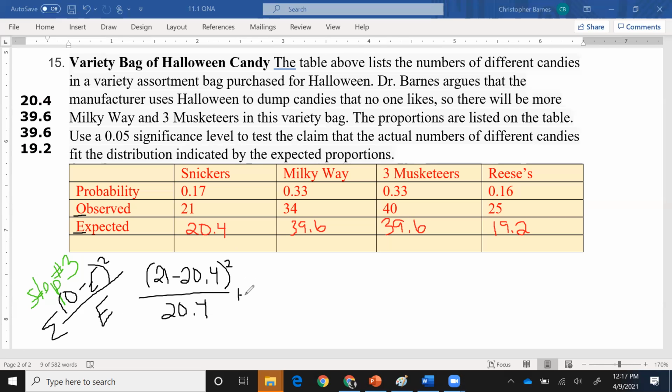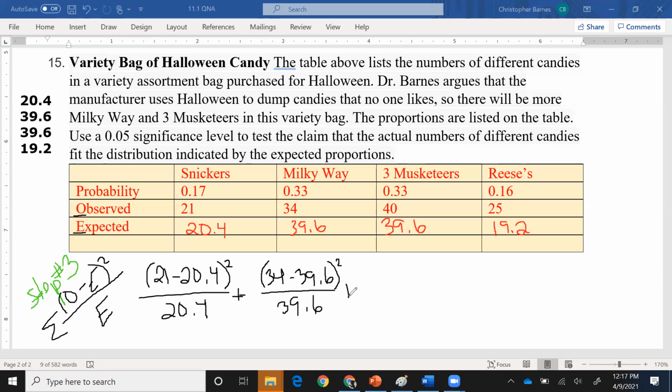So what's the next one would be? 34 minus 39.6 squared over 39.6.